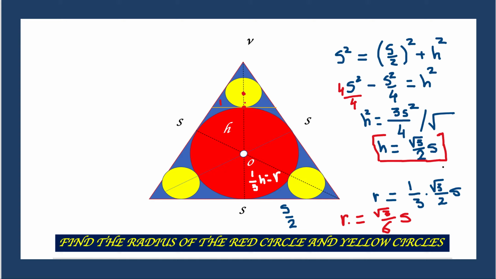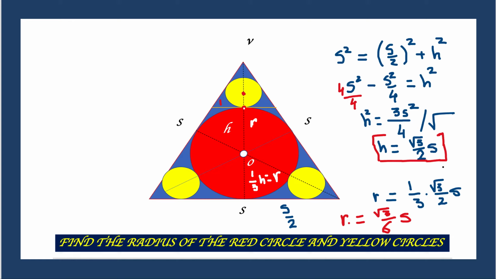So what's going to happen here? We already know, according to the centroid, that the radius is 1/3 of h. This is the radius too, so it is going to be 1/3 of h, and 2/3 of h is going to be the diameter of the circle.